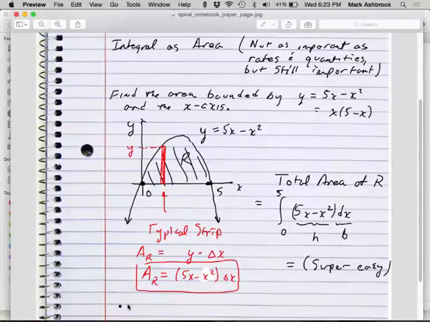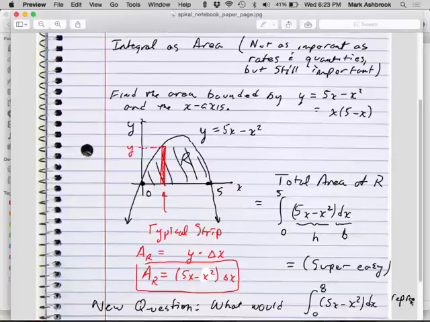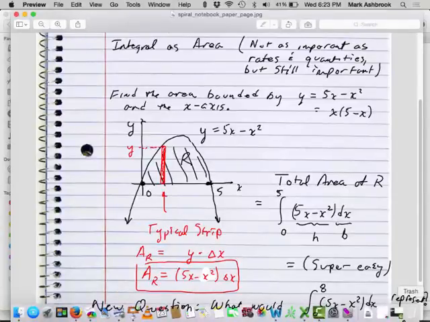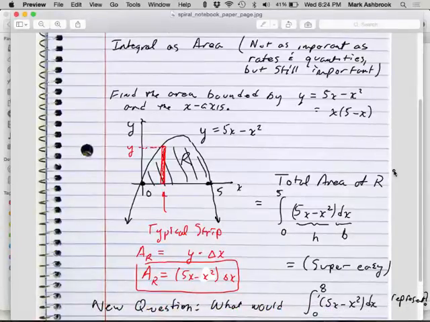Okay, so new question. What would the integral from 0 to 8 of 5x minus x squared dx represent in a geometric sense?